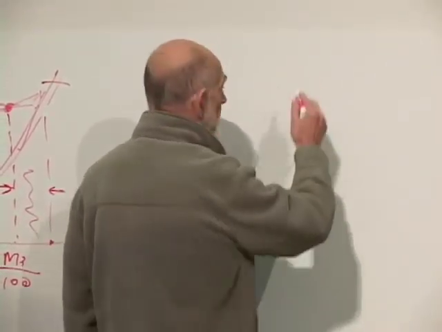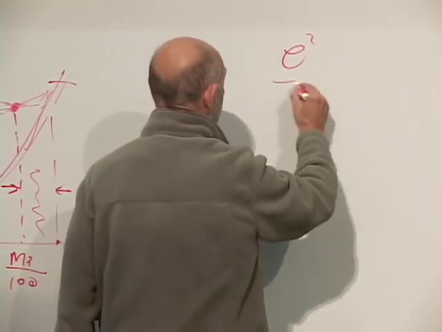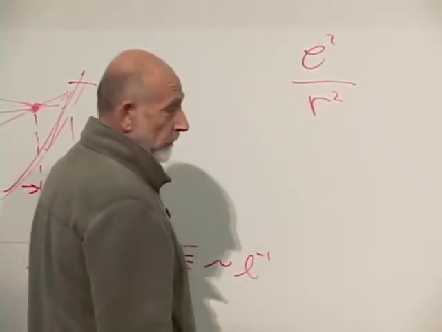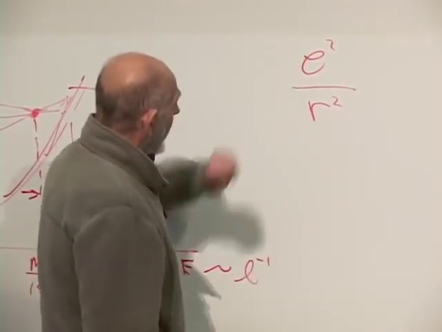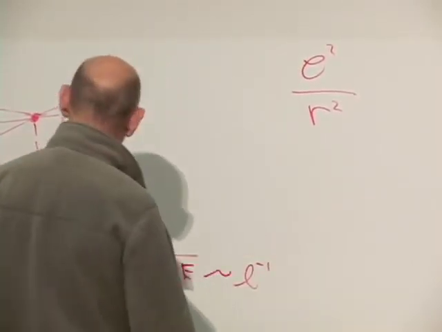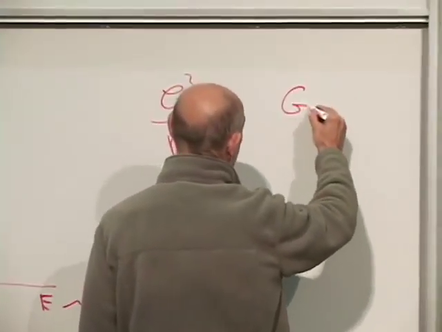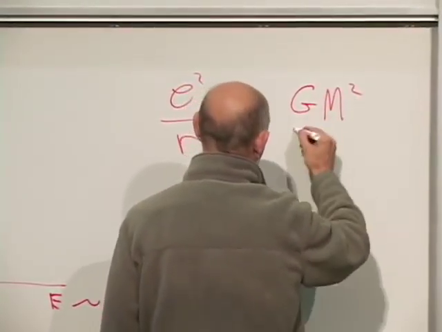In electromagnetism, it's e squared divided by r squared, and that's the force, and that's the electromagnetic coupling constant here. In gravitation, it's G m squared over r squared.